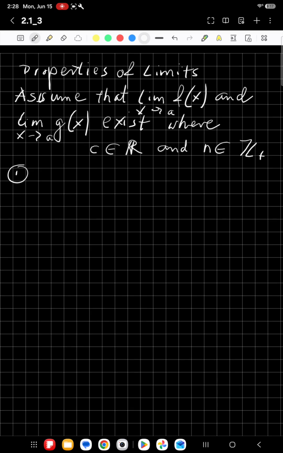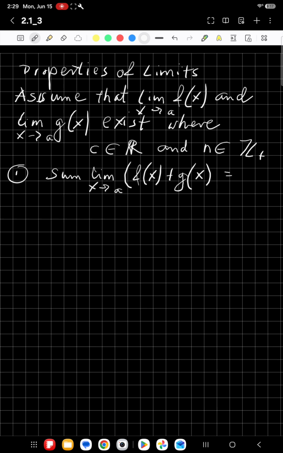The first one, when I'm taking a limit of a sum, so let's write the sum, and we have a limit with x approaching a, and we have two functions being added, f of x plus g of x.